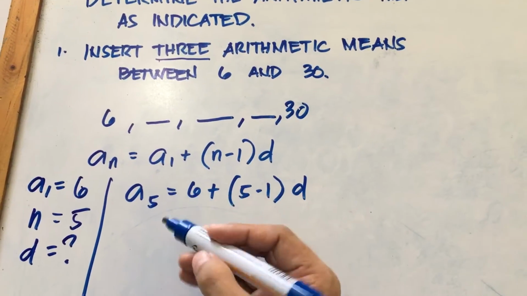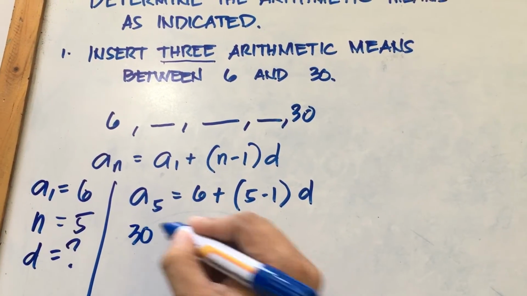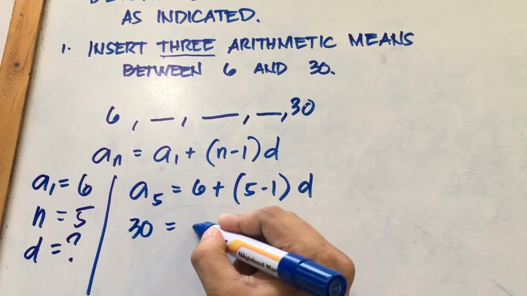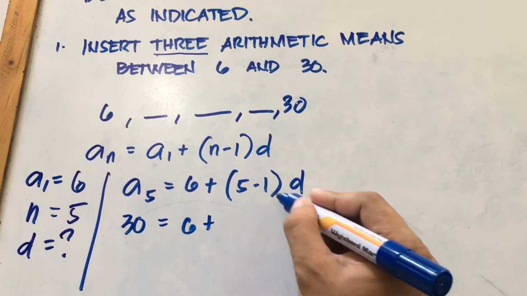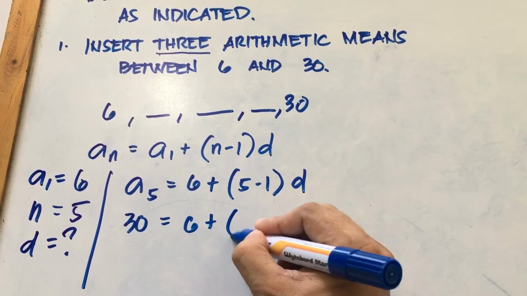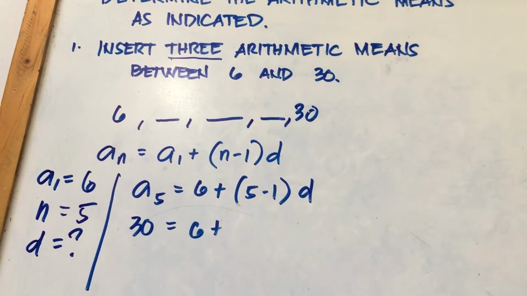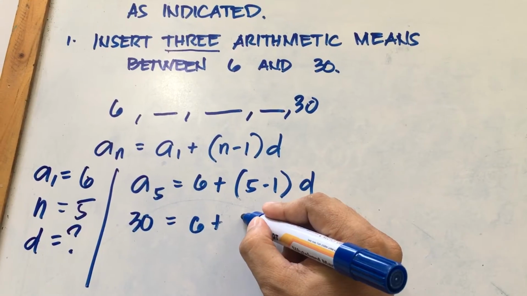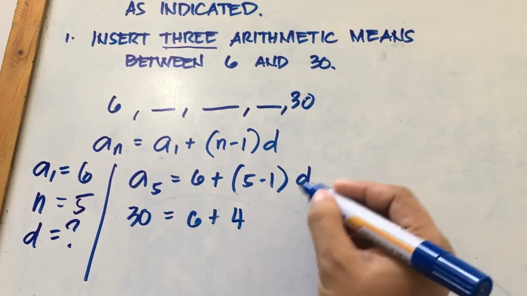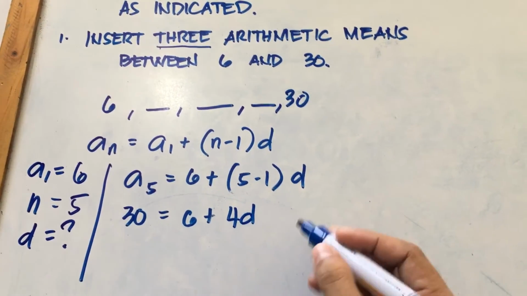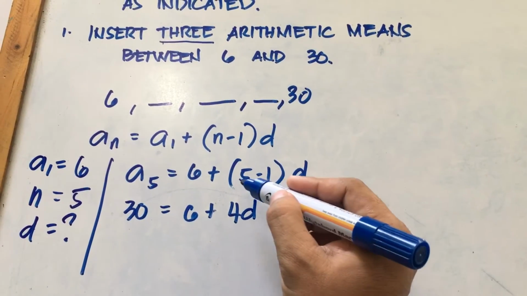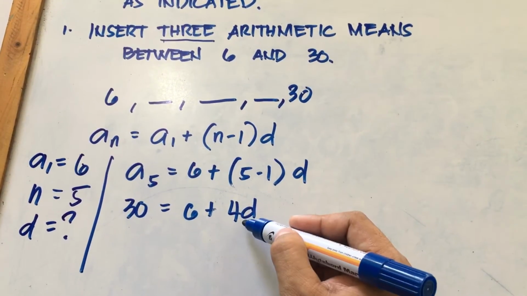So therefore, your a sub 5 is 30. Equals, copy 6, plus, simplify 5 minus 1. 5 minus 1 is 4. You don't need to use the parentheses anymore. You copy 4 and then d. So 4 times d is equal to 4d.